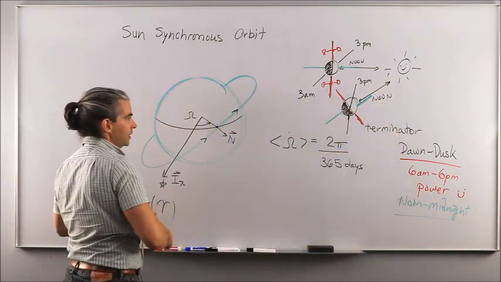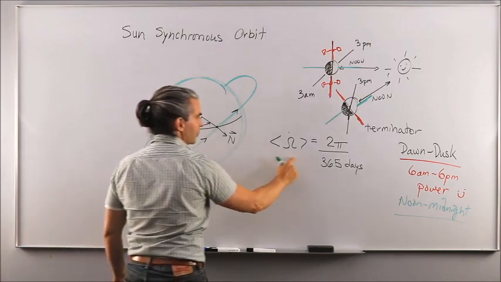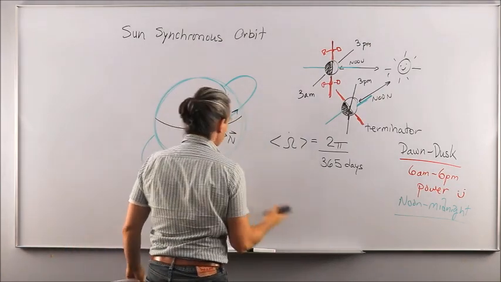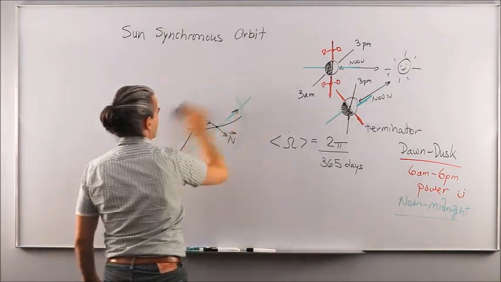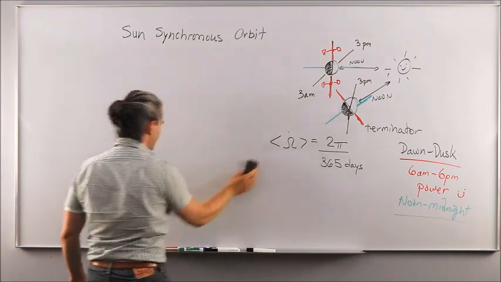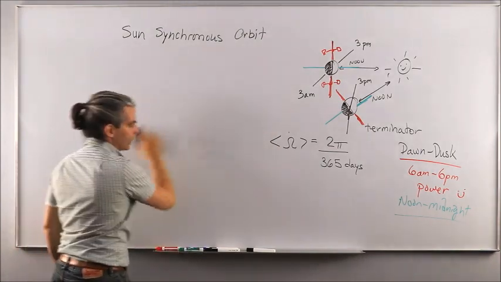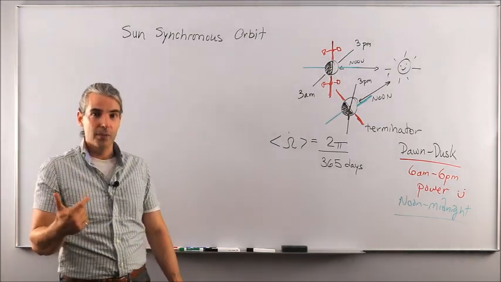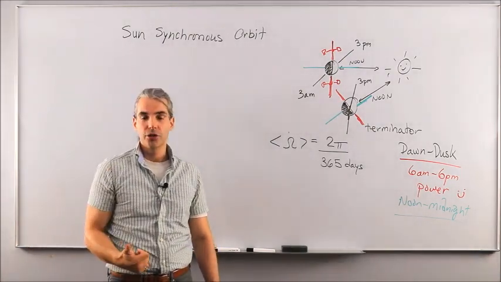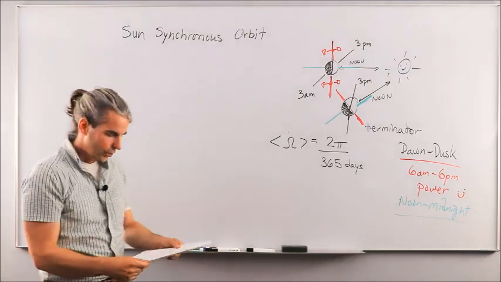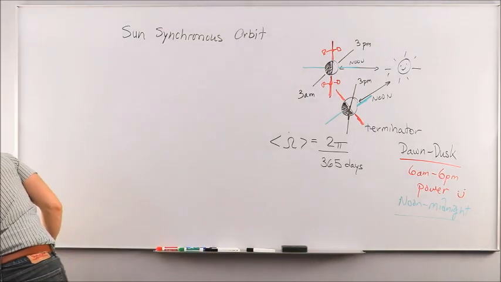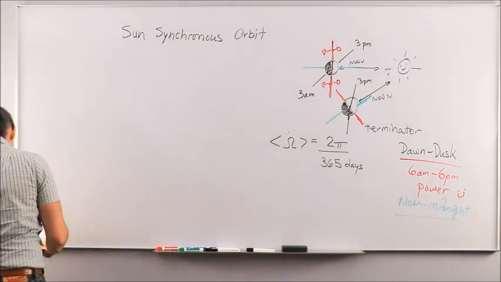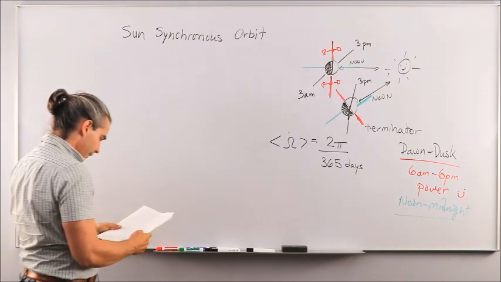So how can we design the orbit to end up with this particular value? Well, it's easy. You just go back to the equation I gave you for the average rate of change in RAAN due to J2, and for a given orbit size and shape, that is for a given semi-major axis and eccentricity, you will realize that the other parameter you can play with is your inclination, right?